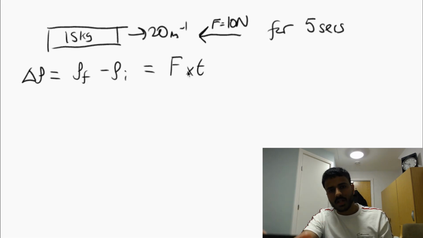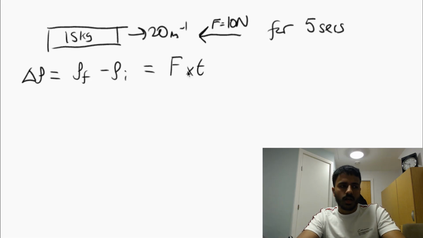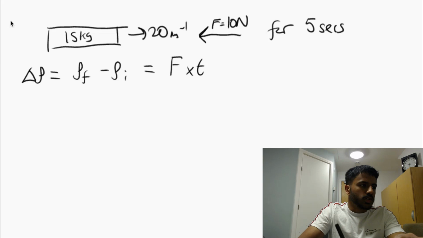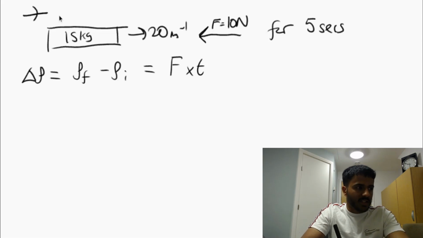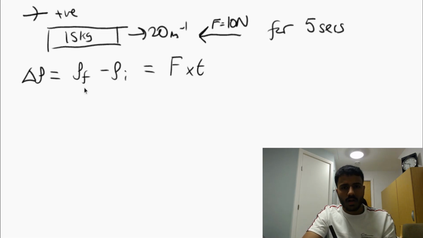And before you do any calculations involving momentum, particularly, you always have to state a reference direction. So I'm going to say that the right hand side direction is positive. Now, our final momentum is given by the mass of the body times its final speed.